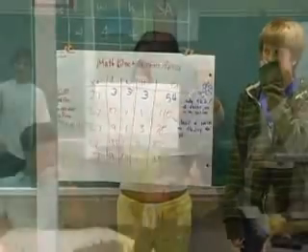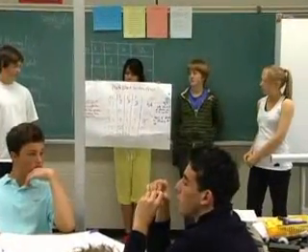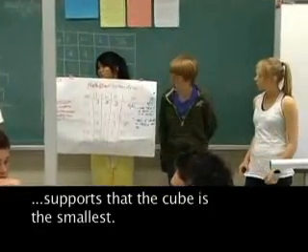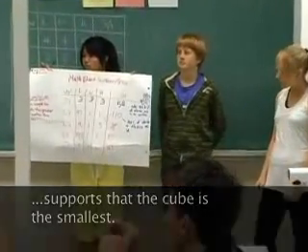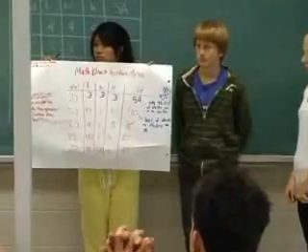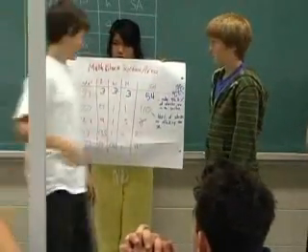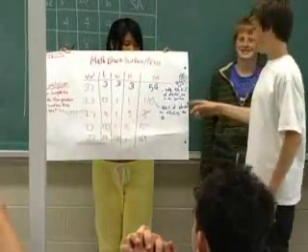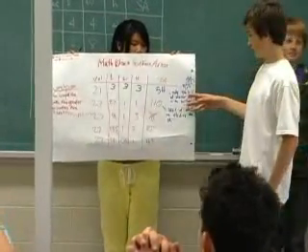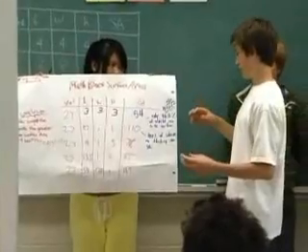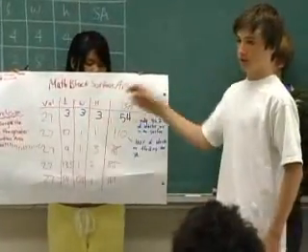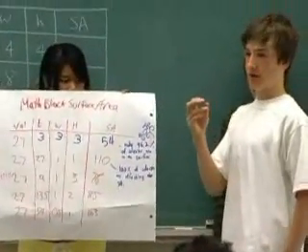Okay, thank you, group. Mike, you believe that your work supports the cube is the smallest. Okay, so can you show us where on your work that is being supported? Well, also over here, I just did a ratio for how many blocks are actually affecting the overall surface area. So for the cube, there's that 1 square in the middle that isn't affecting it.